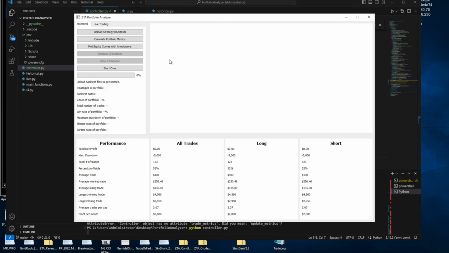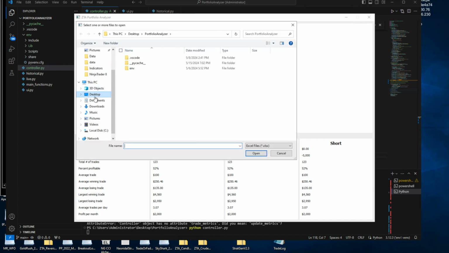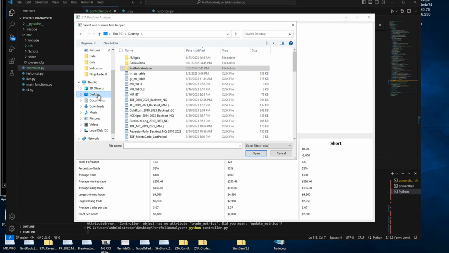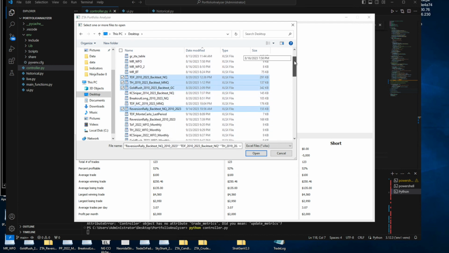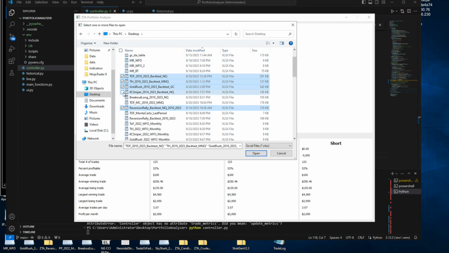Right. And so what I'm going to do here is, as a first step, upload these strategy backtest files. All you have to do here is go to wherever the backtest files are stored on your computer, and you can select one or more backtest files to run the historical equity curve modeling to see how they would have performed in a portfolio.